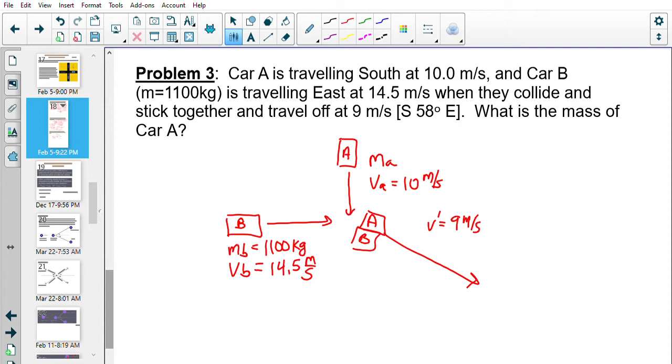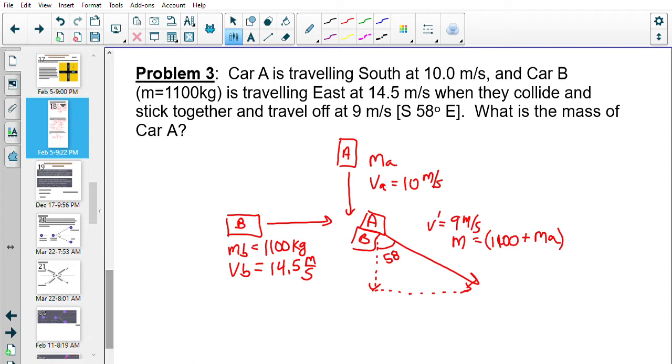We are given the angle that it went south and then east, 58 degrees. So we know that angle's 58 degrees. And the combined mass afterwards is going to be the mass of B, 1,100 kilograms, plus the mass of A, which I don't know.